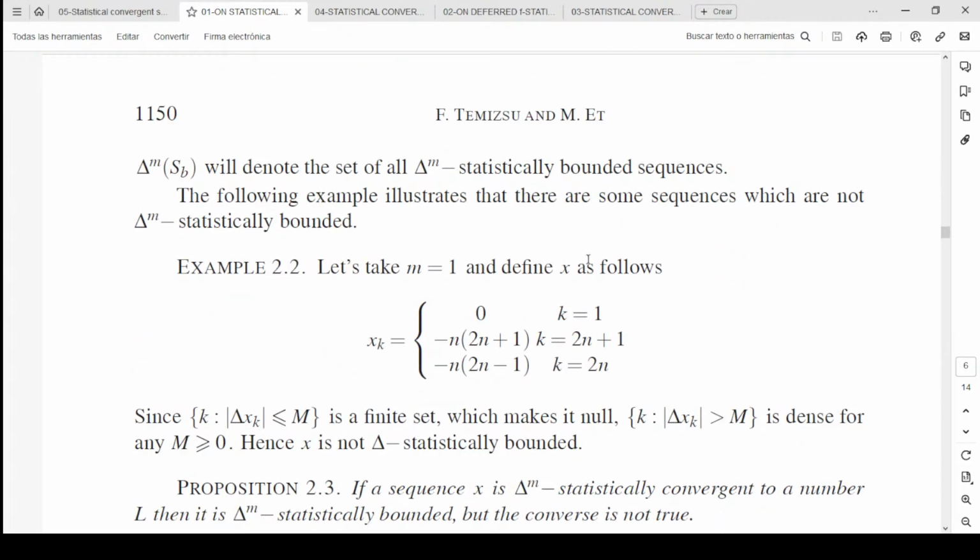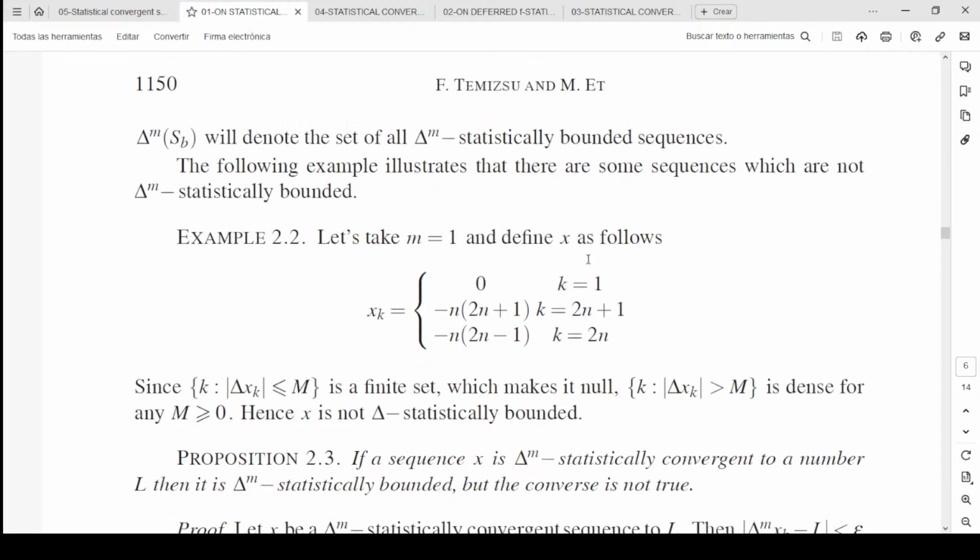So as we discussed before, whenever we come up with a new concept of convergence or boundedness, we would love to have some particular examples that do not meet the main definition.